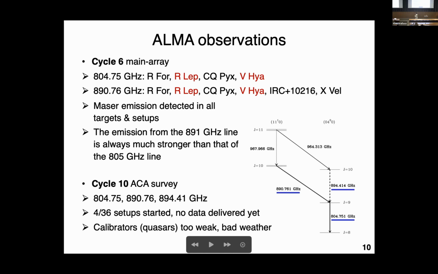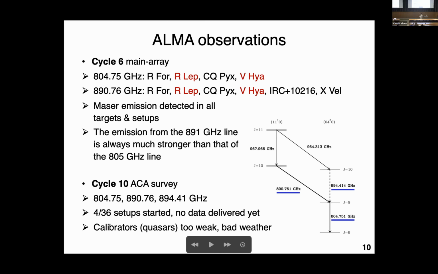So the detection rate was 100% in this sense. And we also confirmed the previous observation that the 891 gigahertz maser is stronger than the corresponding 805 gigahertz line in the same source.